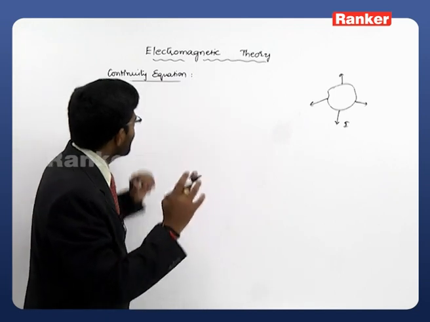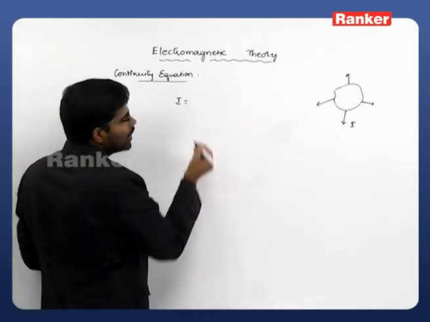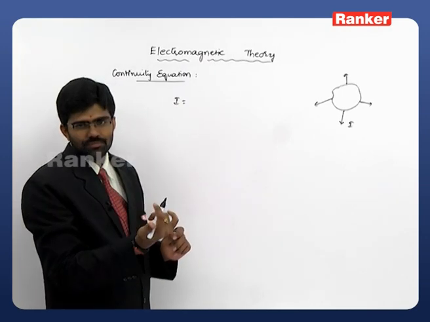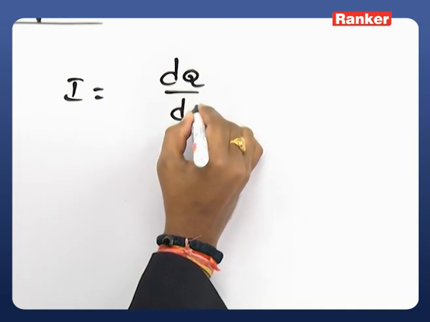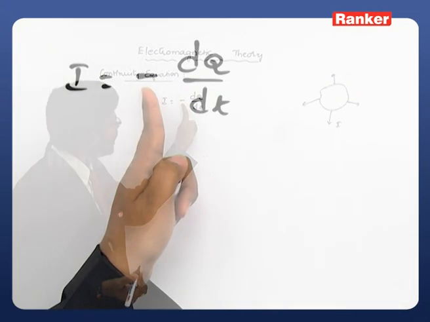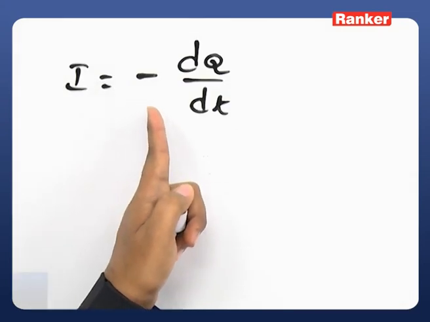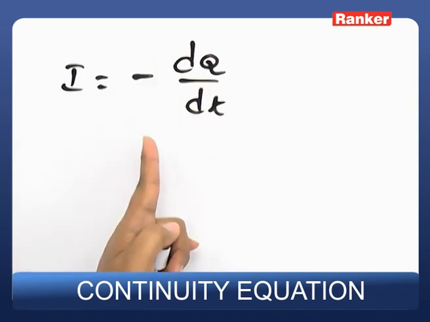So the current leaving, I will write as an expression. The current leaving equals the rate of decrease of charge. The rate of charge is dq by dt, and this negative sign is very important, as it represents the reduction in the quantity. So the current leaving from the surface is equal to minus dq by dt.